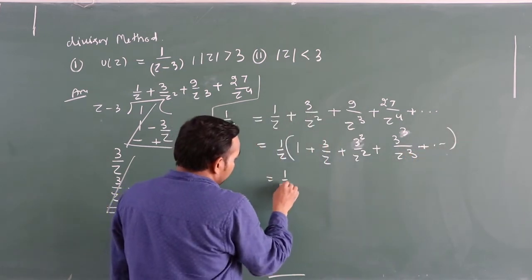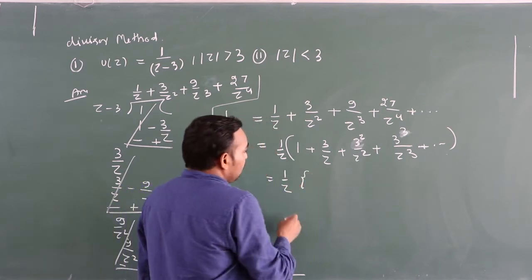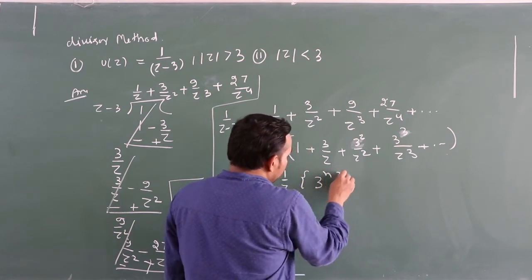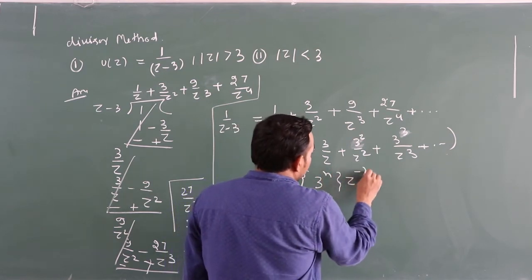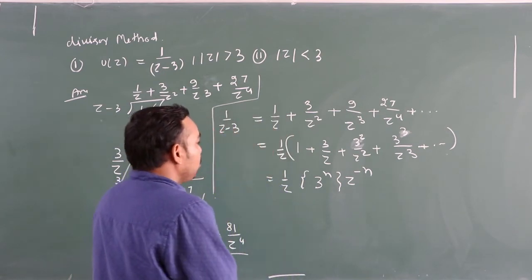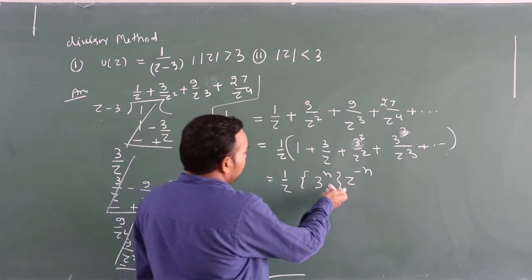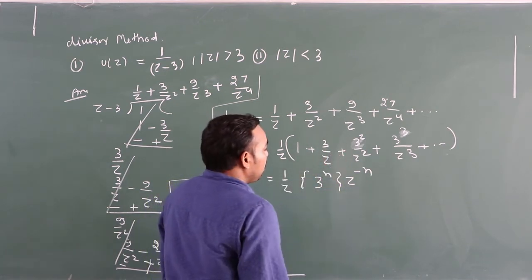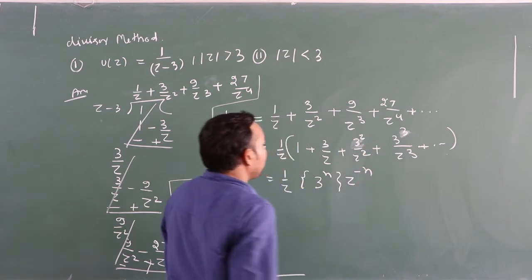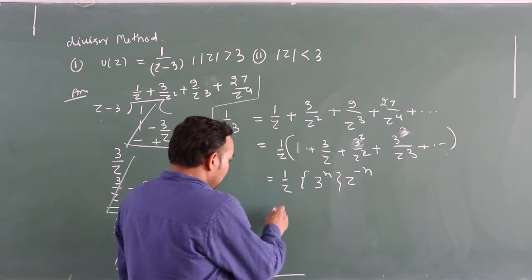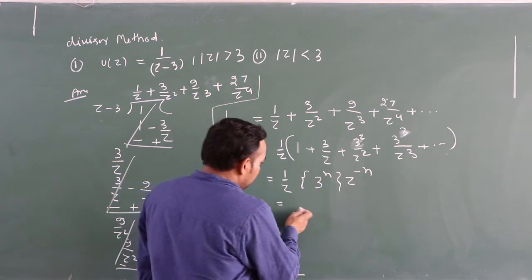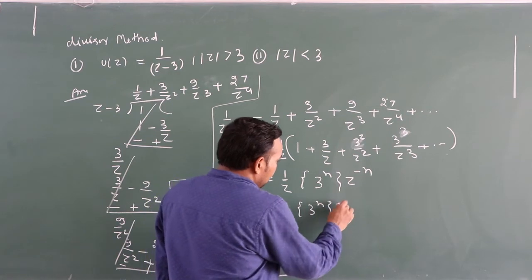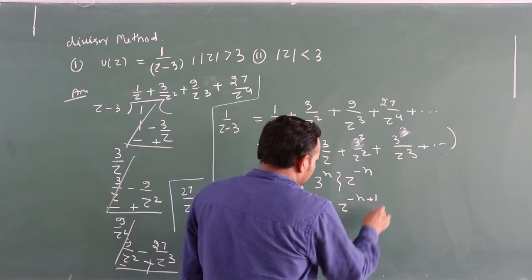Or in terms of a sequence we can write 3 to the power n and Z to the power minus n. If n equals 0, we get 1; n equals 1, 3 upon Z; n equals 2, 3 square upon Z square.